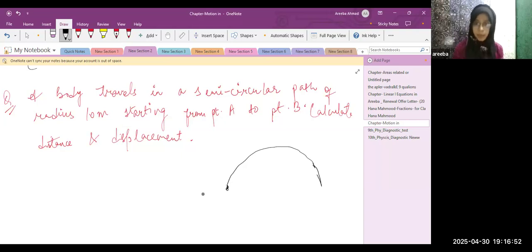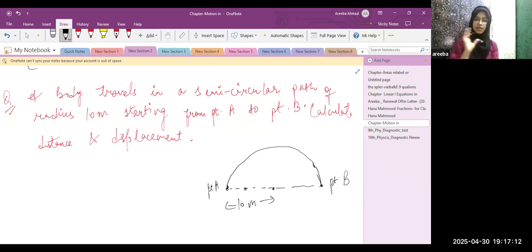So suppose this is my point A and this is my point B. This much is the radius. Radius is always taken from center till the circumference. All of these things are already given in the question. I'm just putting it diagrammatically.